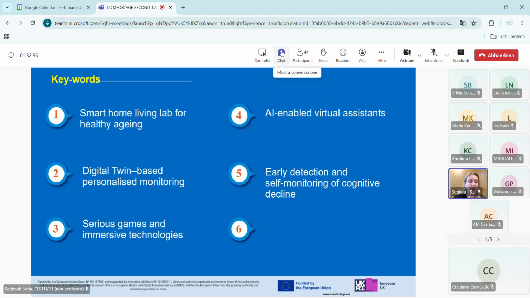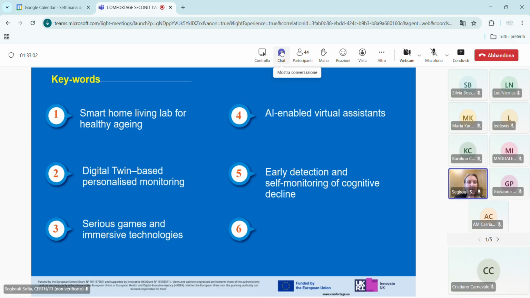Using a fully operational smart home, which is located here in Greece, in Thessaloniki, the so-called NZEB smart home, Pilot 12 aims at creating a future-proof testing and training environment that supports better cognitive and physical health.